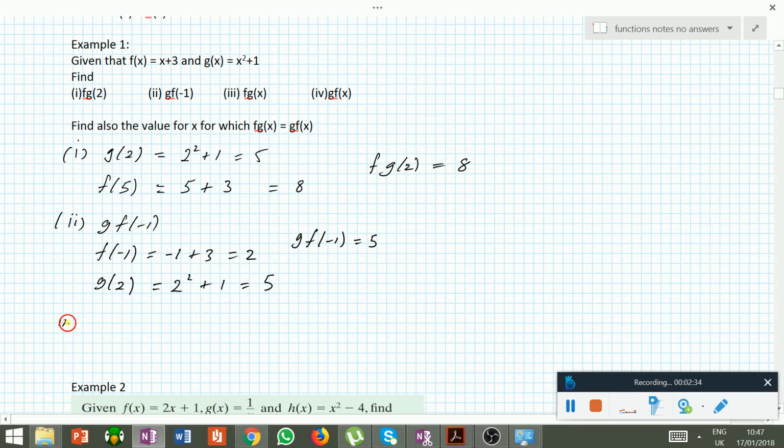So we can say that G after F of minus 1 is a 5. Part 3, you have F after G of X. Now, we say G of X is simply equal to X squared plus 1.